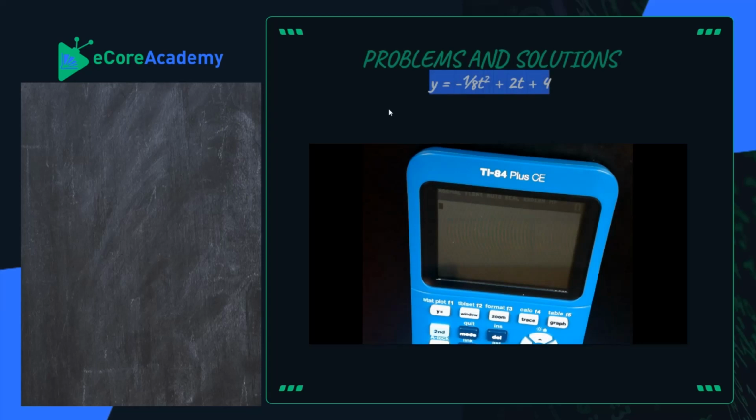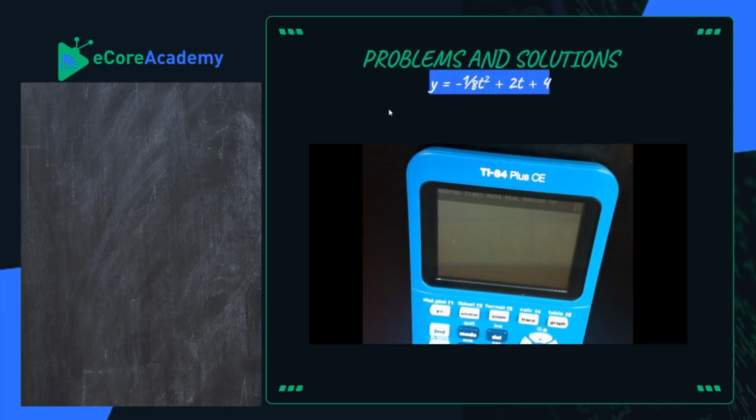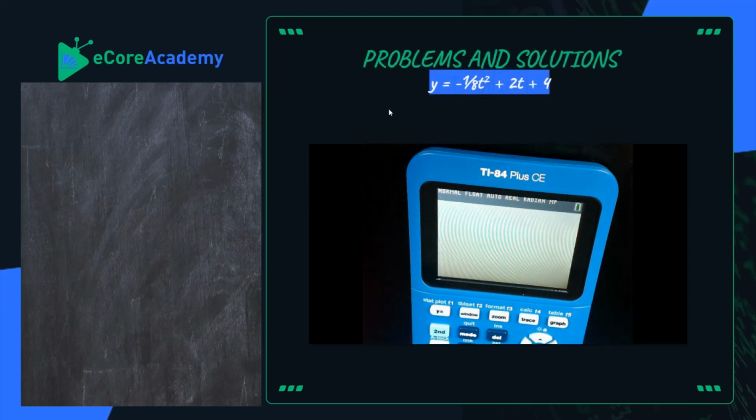Meanwhile, let's finish solving this problem. For your convenience, I've written the problem at the top of the screen, which is just the quadratic function that represents the path of the rock as it leaves the child's hand. It was my mistake because I had written on the previous slide y equals negative 1/8 t squared plus 3t plus 4, but the actual problem is plus 2t.